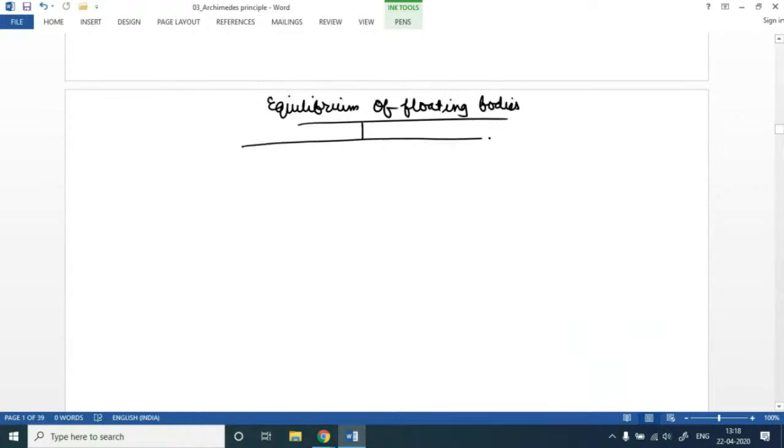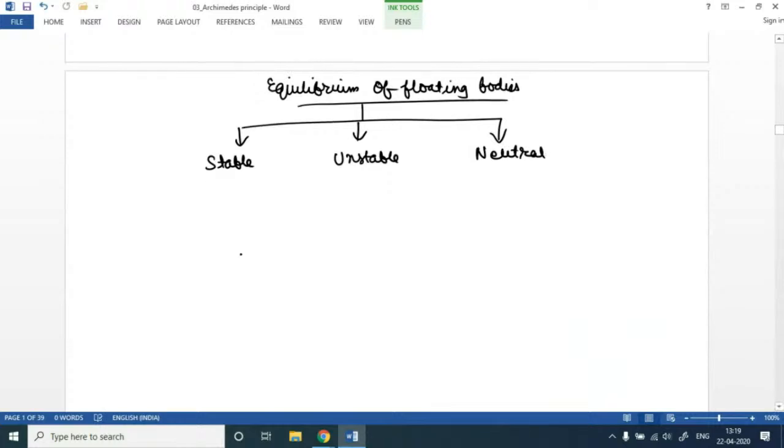Okay, so there you understand there are three kinds of stability. The first one is stable equilibrium, and the second one is unstable equilibrium, and the third one would be neutral equilibrium.